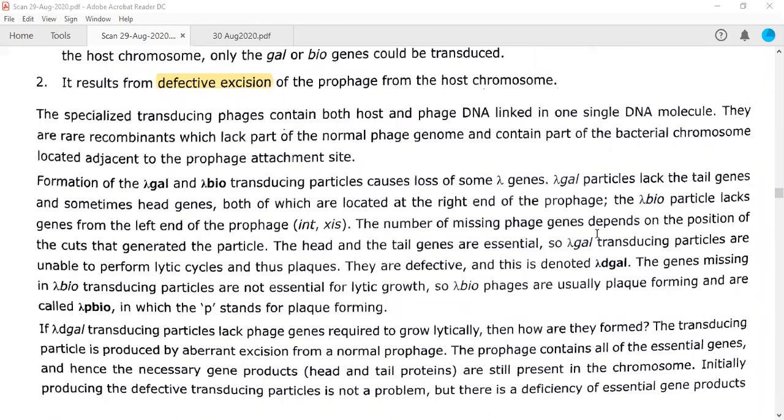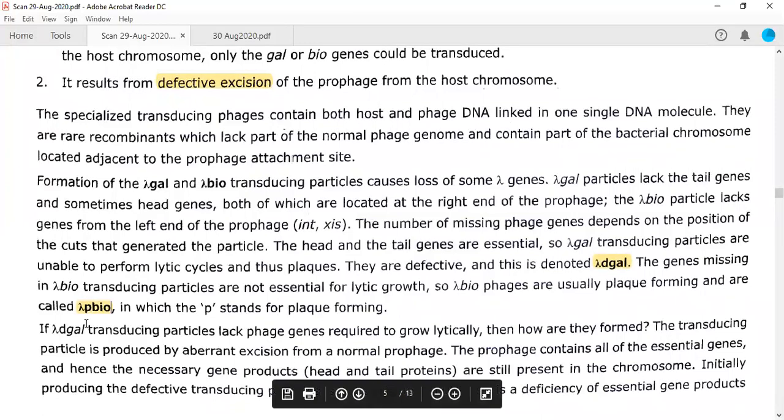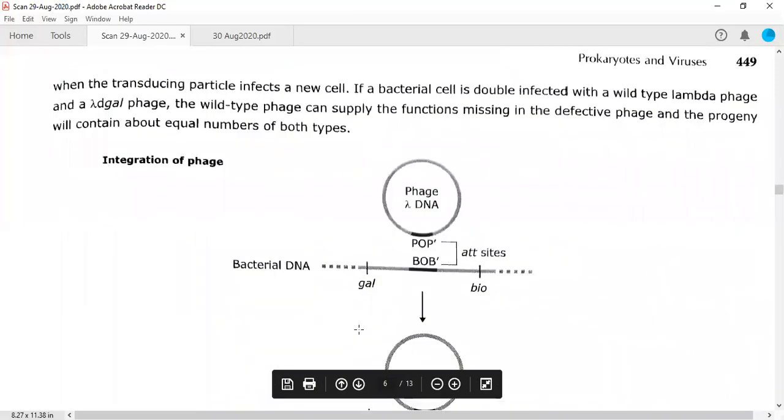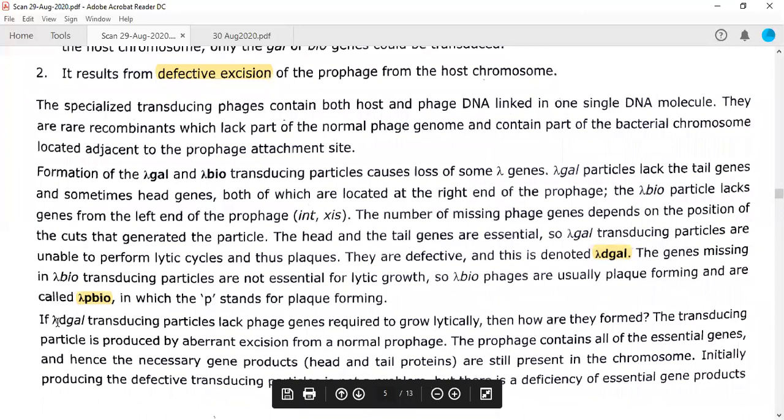So we have discussed this lambda dgal. You are able to get this now. This is defective, and the biotin synthesizing gene is actually plaque forming, so you will write P here. Now, lambda dgal, that is the gal defective one, a transducing particle lacking the genes required to grow lytically.